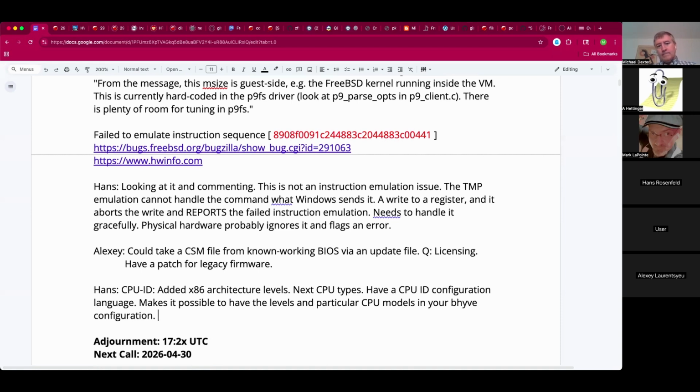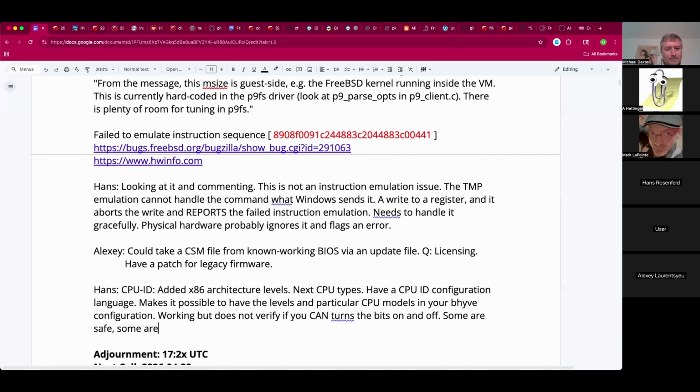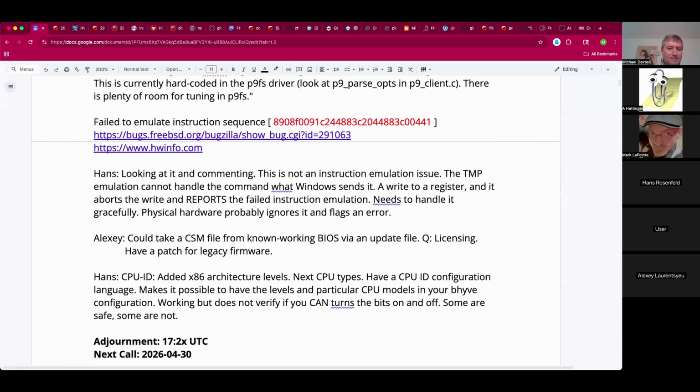I got it working, but what it does not yet do is correctly verify whether you're actually allowed to turn on the bits that you're turning on. There are some CPU ID bits that are safe to turn on if they are off in the CPU. There are a lot of them that you really don't want to turn on if the hardware doesn't support it.